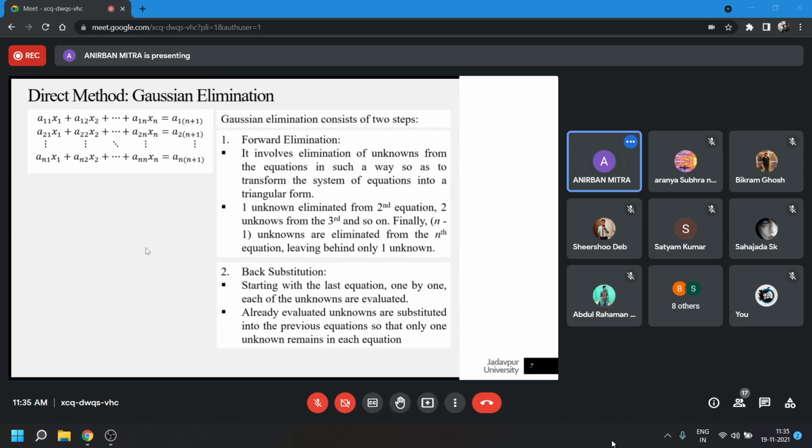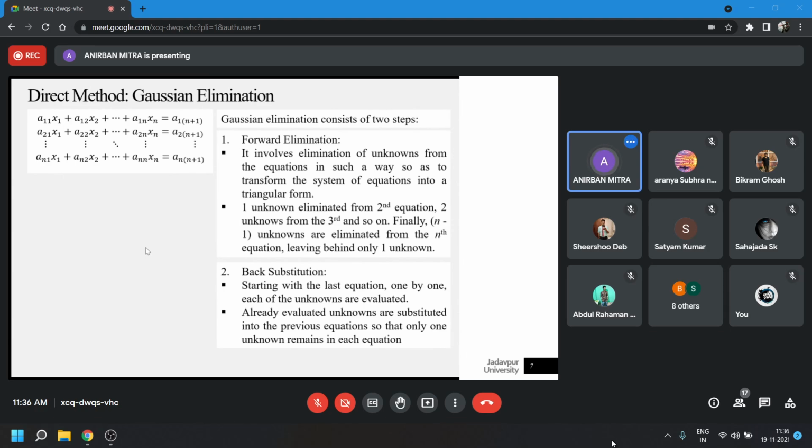Here, those unknowns which are already evaluated are substituted into the previous equation so that only one unknown remains in each equation. So from each back substitution step, you determine one unknown.